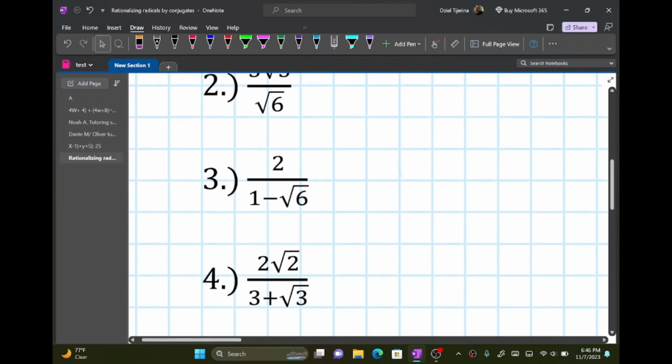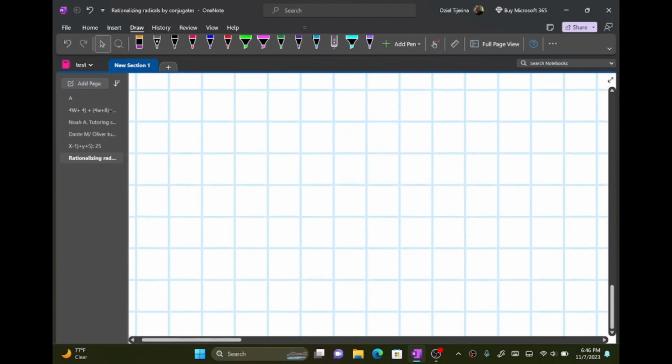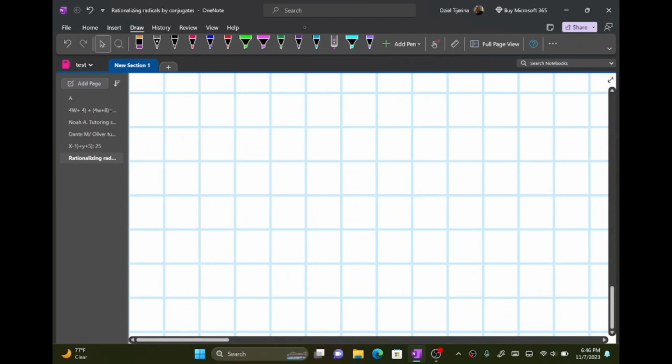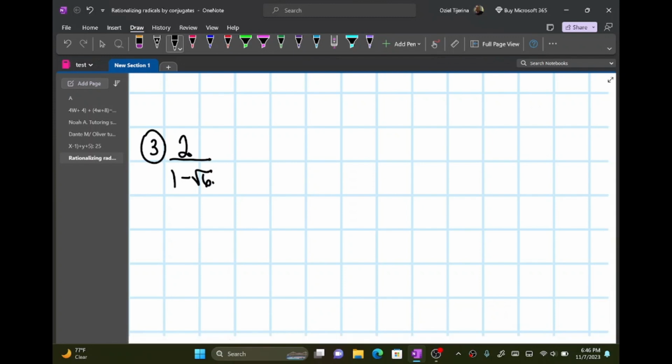Okay, so number 3 says 2. So this is where we actually have to understand rationalizing. So it says 2 over 1 minus the square root of 6. And so here, we need to understand that we need to multiply by the conjugate. So if I have a minus square root of b, then the conjugate will be a plus square root of b.